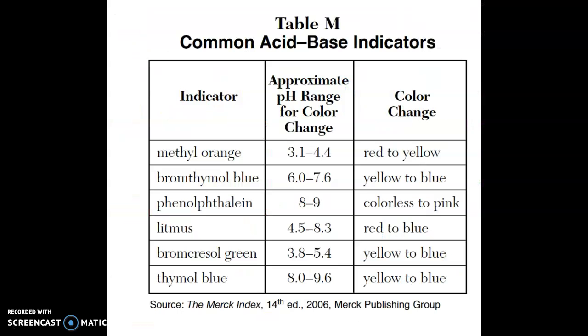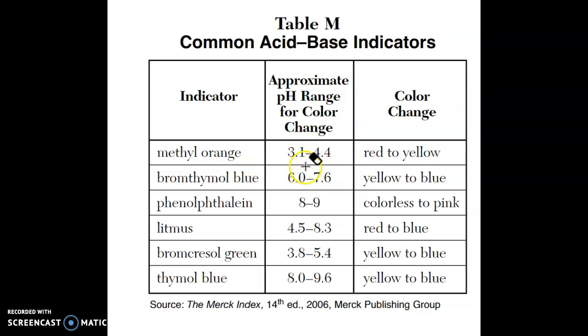Okay? So at this point, we've probably already talked about indicators and how to use them, but I'm just going to walk through again what the idea is behind them. So let's say you decide to use methyl orange to figure out about the pH of your solution, and you put methyl orange in a highly basic solution.